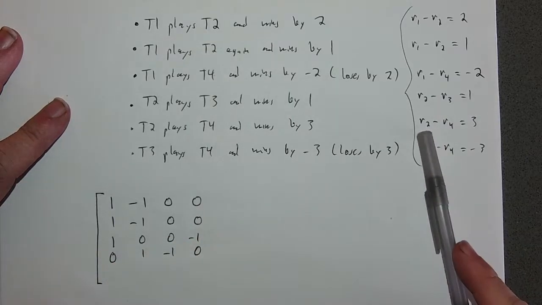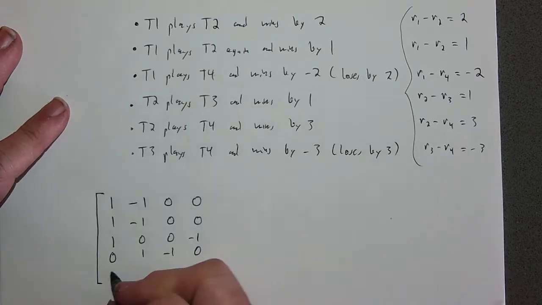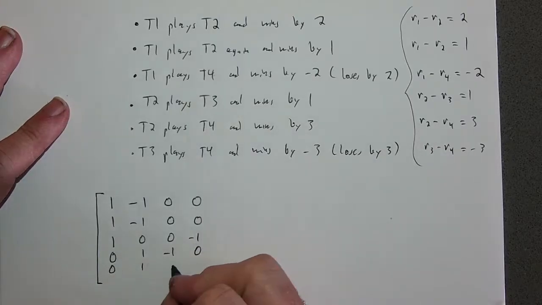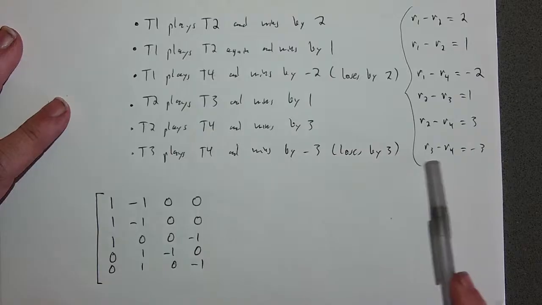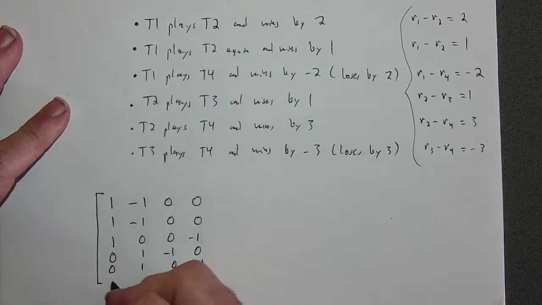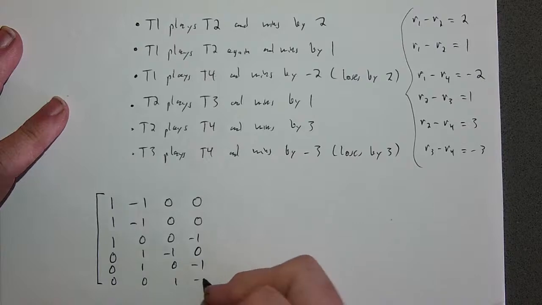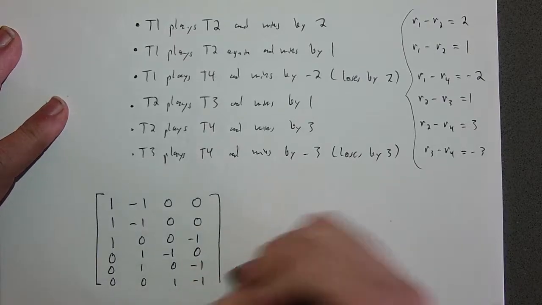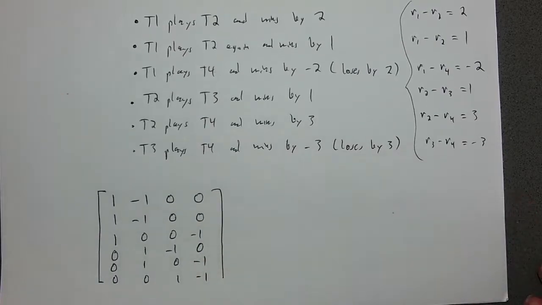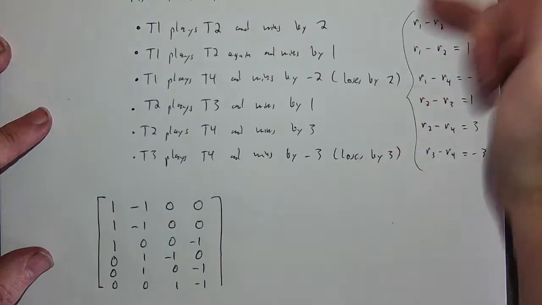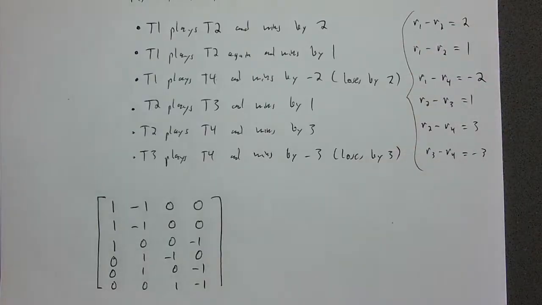The next one is 0, 1, 0, -1. And the next one is 0, 0, 1, -1. So that is my matrix, my coefficient matrix of these left-hand sides of these equations.